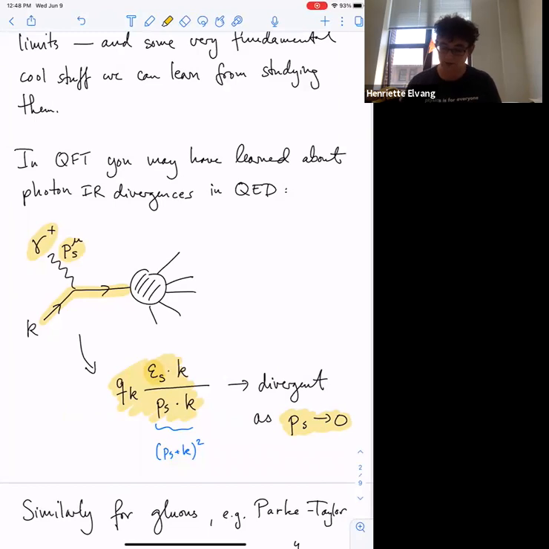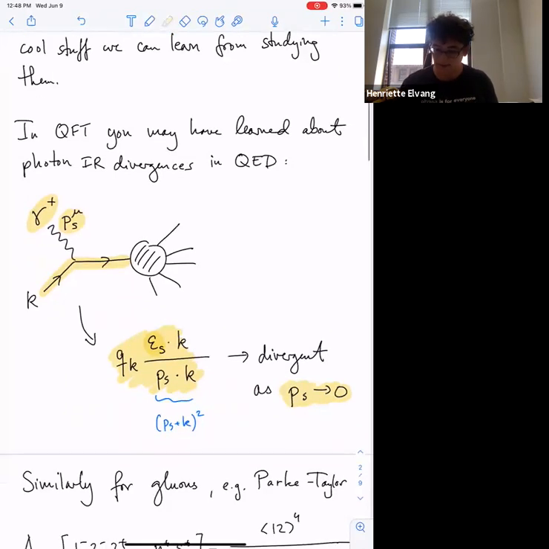So the logic here is that when I take the momentum of the photon to 0, the propagator will go on shell because this is just a free particle vertex. So it becomes basically k, and k^2 is 0, so that propagator goes on shell, and that's where the divergence comes from. And you see it directly because here in the denominator is a factor of p_s, and so of course as that goes to 0, this blows up.